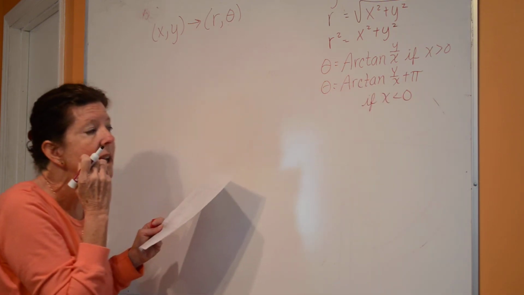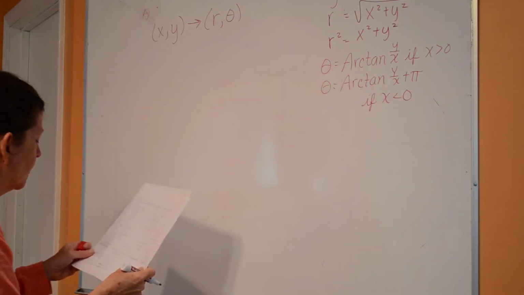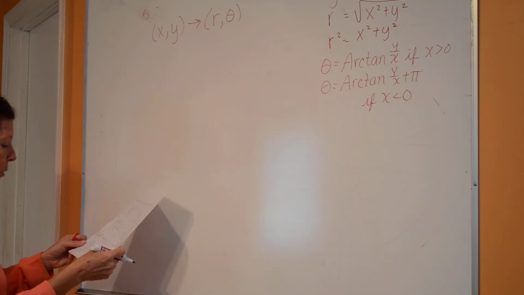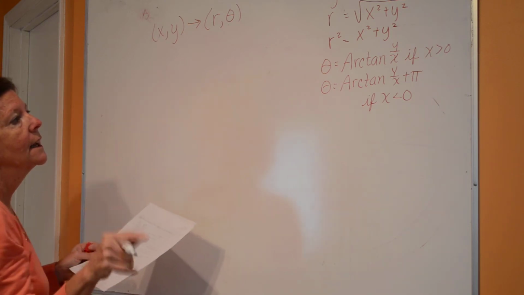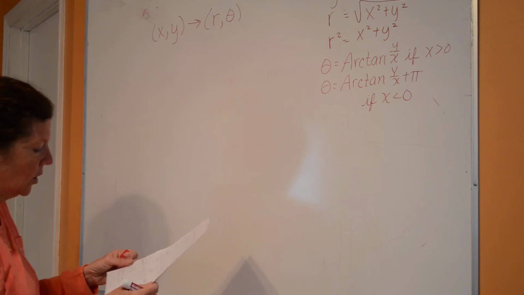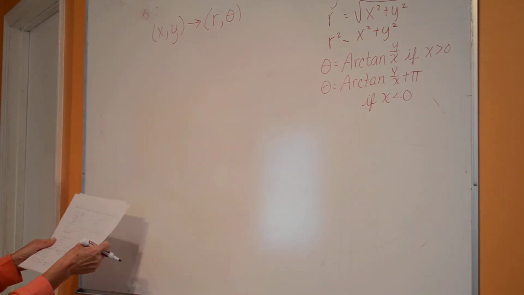So if x is less than 0, you're going to add pi to your value. Now, you need to be back into radians to do these, so go ahead and convert back on your calculator.